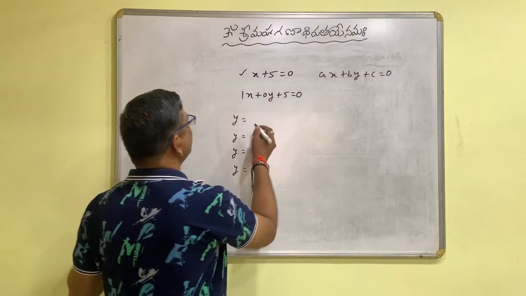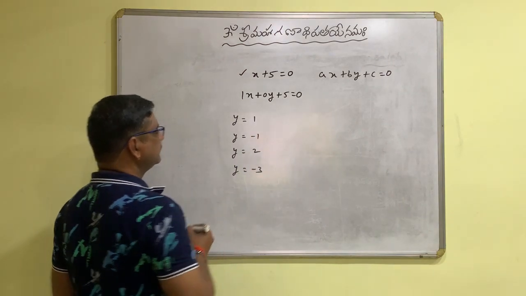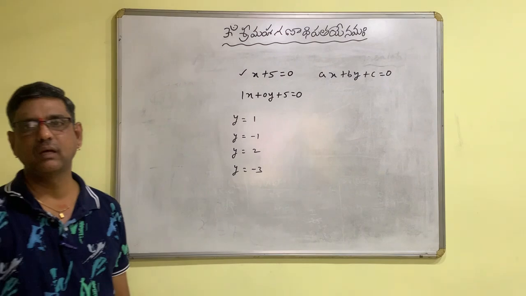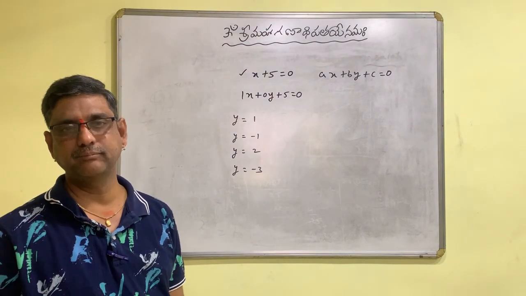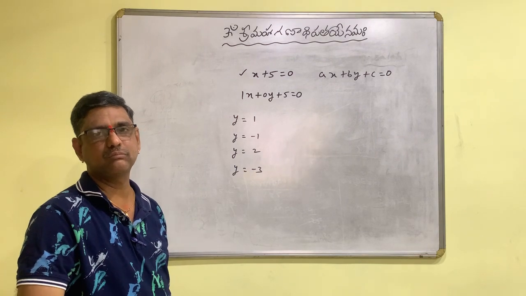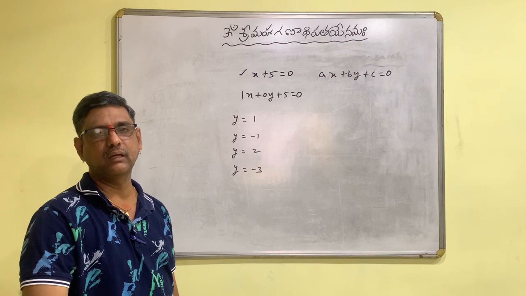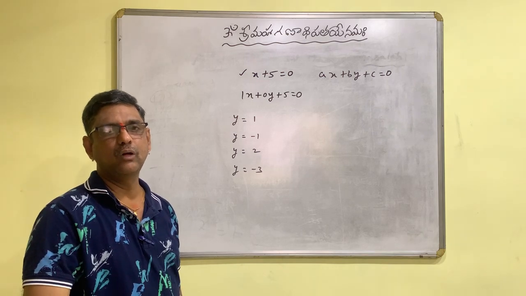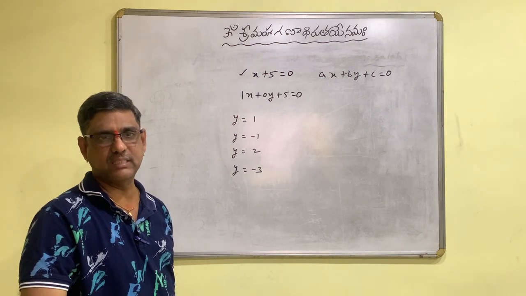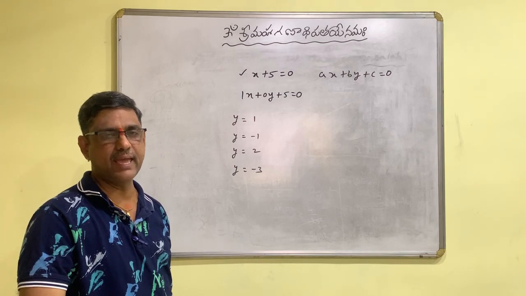Suppose, see, I am giving 1, -1, 2, -3, like this. I am giving my own values for y. Values should be given for y only, not for x. Kindly note it down. Don't give any value for x. Give values for y only.